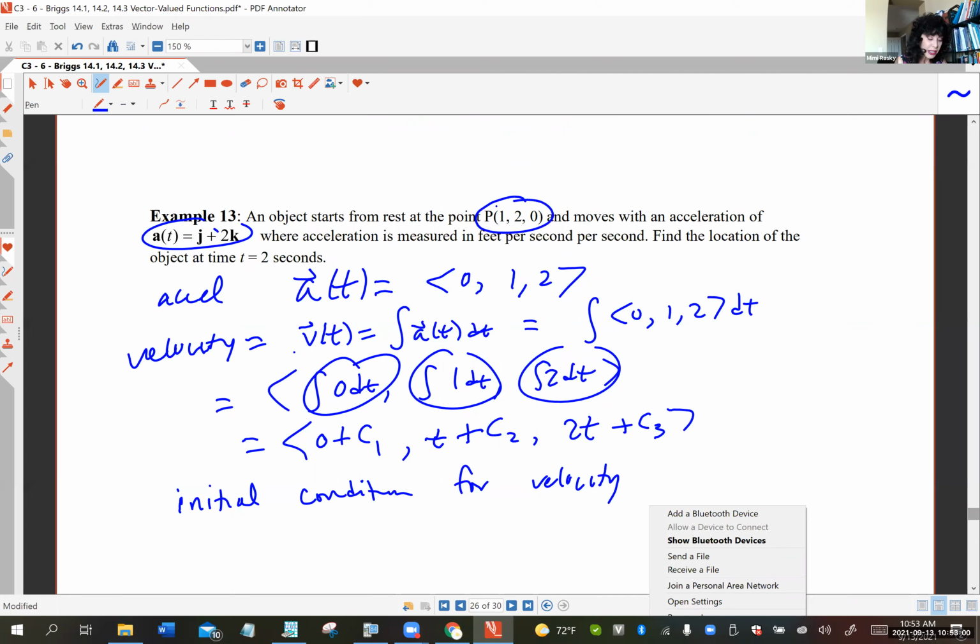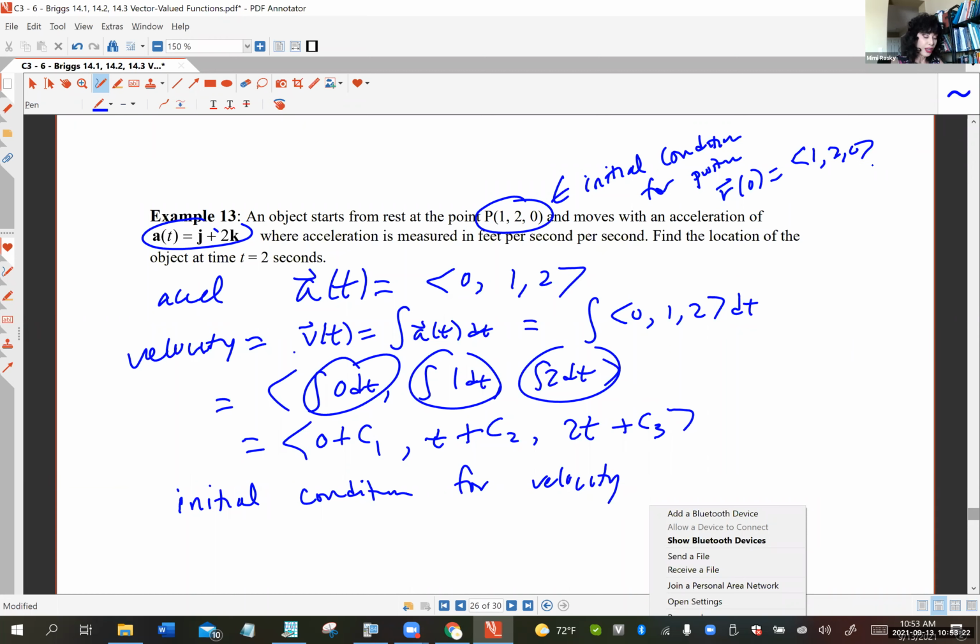They did give you an initial point. That is not initial velocity. This is actually the initial condition for position, believe it or not. This is telling us that once we get the position vector r, at 0 seconds, it should be located at 1, 2, 0. So that's one of the initial conditions.